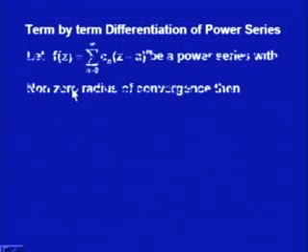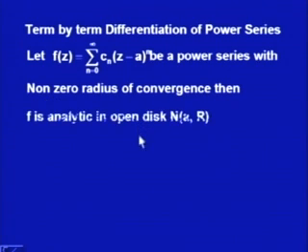Now, if the series is uniformly convergent, then we try term by term differentiation of power series. For this we have a result which states: let f(z) be a power series in powers of z minus a with non-zero radius of convergence, then f is analytic in a disk centered at a and of radius r.